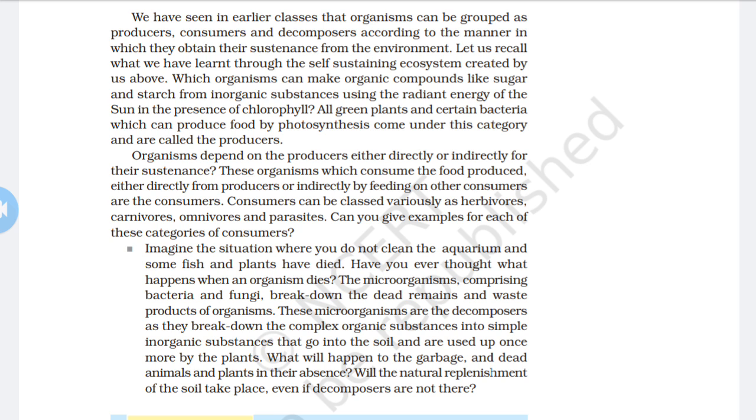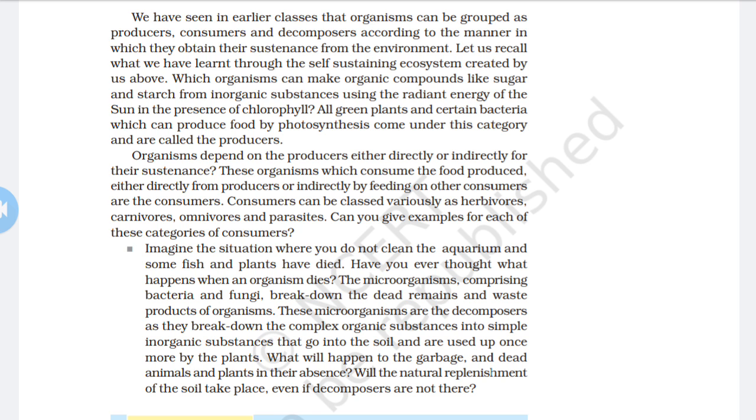So again I repeat: producers, consumers, as well as decomposers. What is the meaning of producers? Green plants and algae that make food by photosynthesis are called producers. Then second, consumers: organisms that depend on producers for food either directly or indirectly.